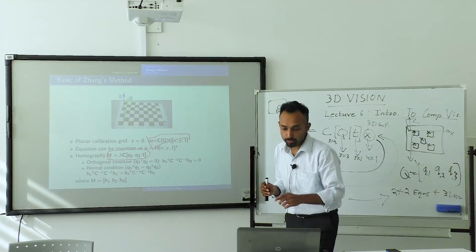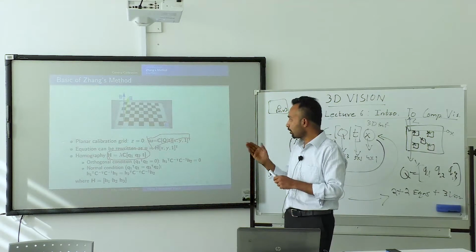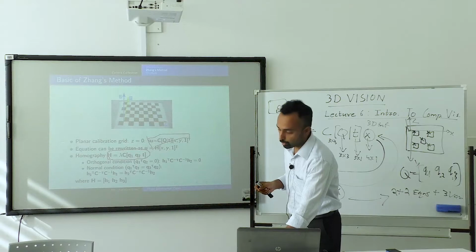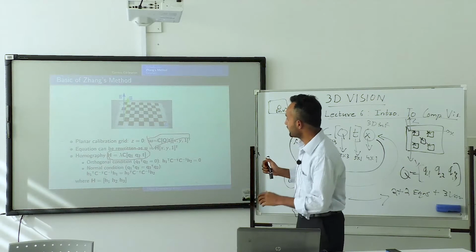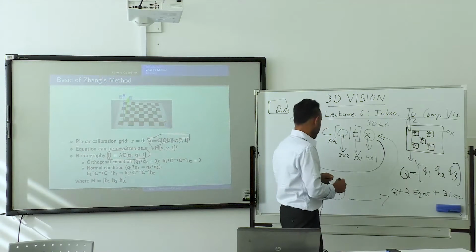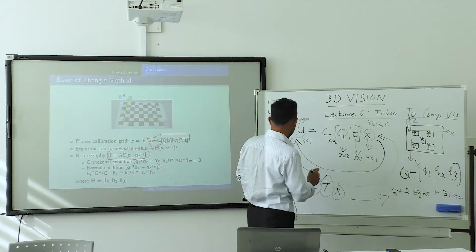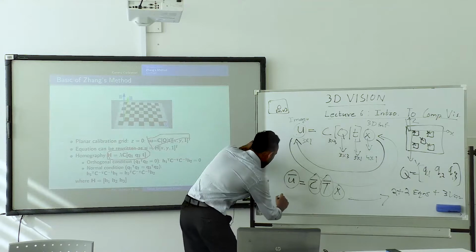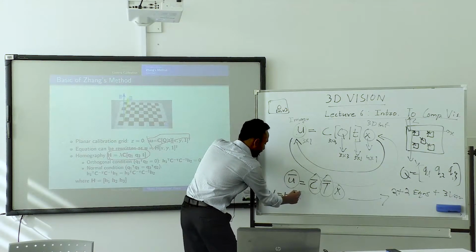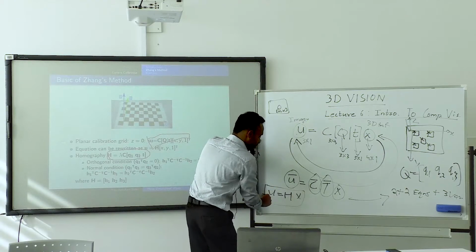And H1, H2, H3 are the columns of the homography matrix. So homography is a matrix which relates these 3D coordinates. Homography is a relationship between the image coordinates as well as the 3D coordinates.